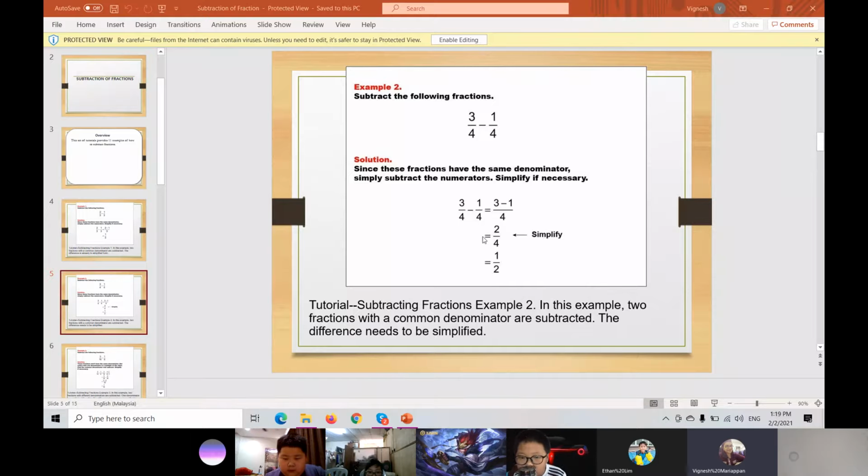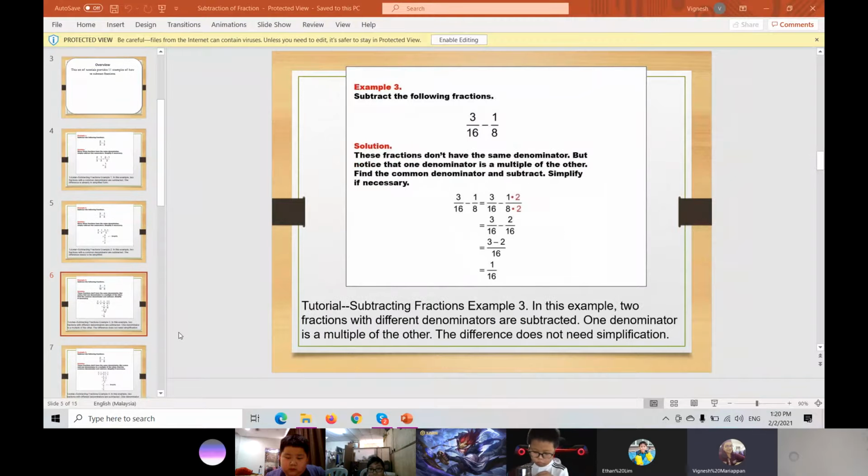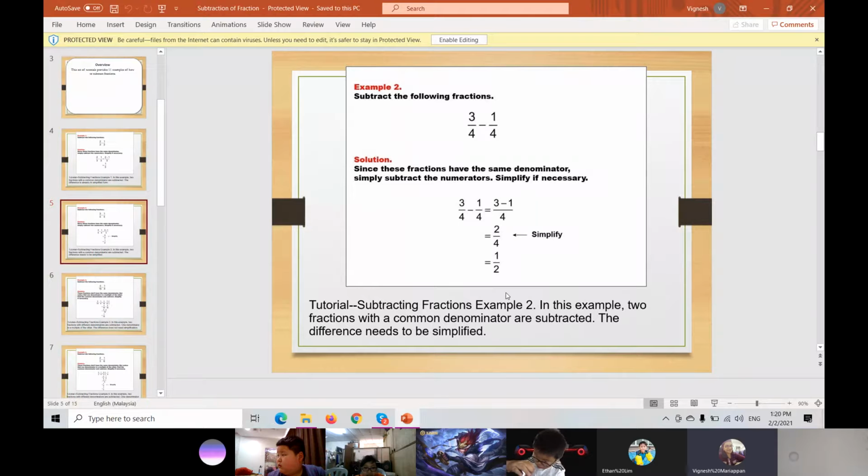How do you do the simplification? Yes, I know 1 over 2, but what did you do just now? The numerator 2 divide 2, the denominator 4 divide 2, correct? 2 divide 2, you will get 1. Why do we need to divide by 2?